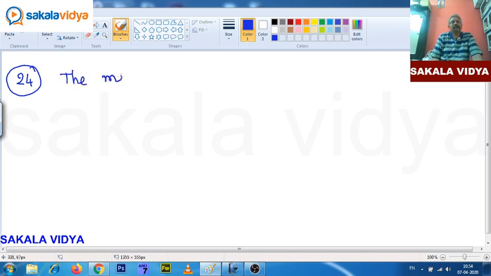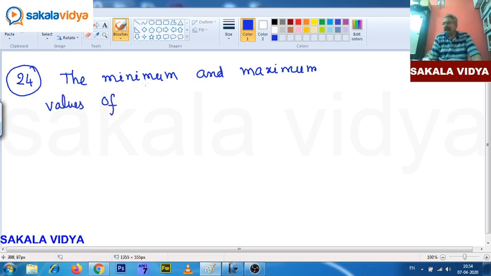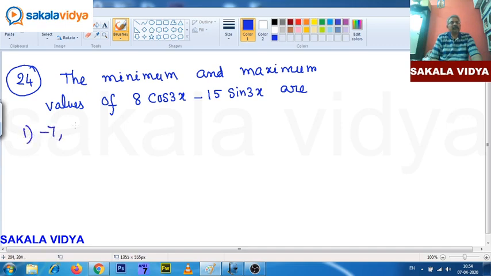The minimum and maximum values of 8 cos 3x minus 15 sin 3x are: first option, minus 7 comma 17; second option, minus 23 comma 23.